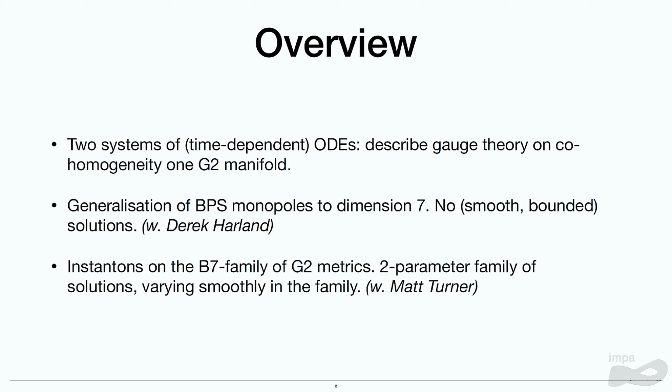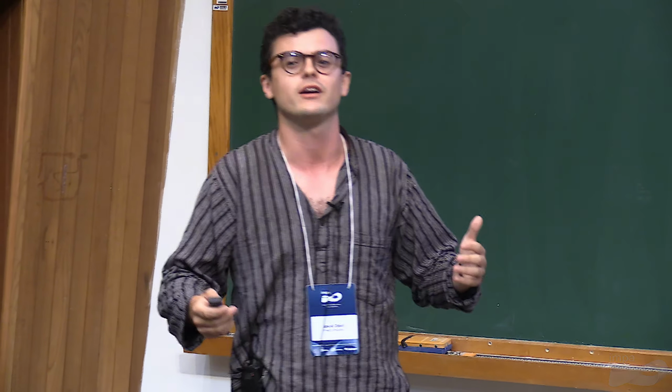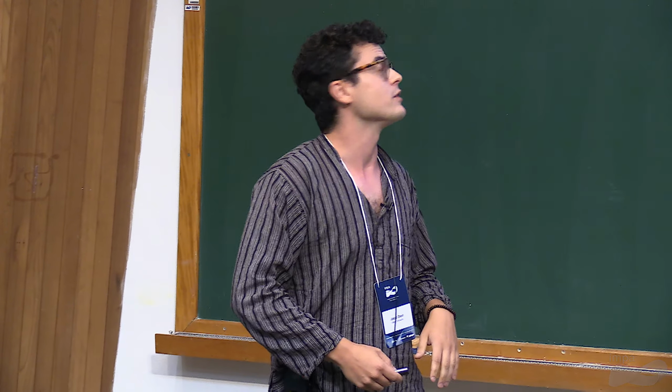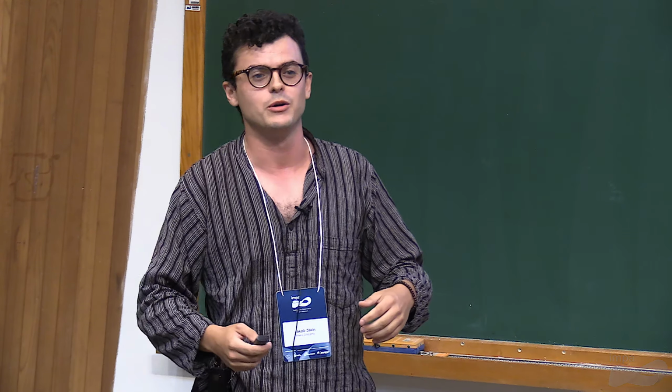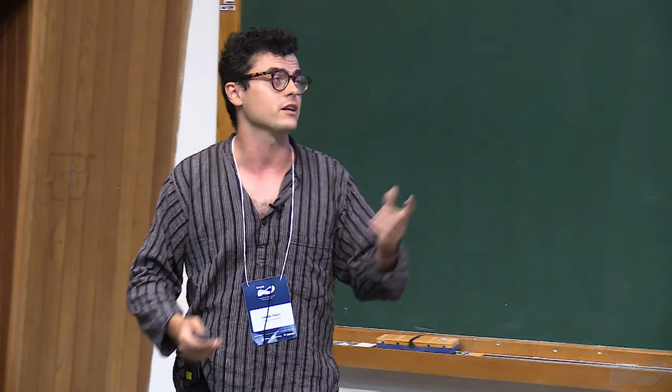Firstly, a generalization, or attempted generalization, of what we'll call BPS monopoles to dimension 7. And a spoiler: if you want smooth and bounded solutions, it actually doesn't work. That's a bit sad, but it has some interesting ideas there, and you get some explicit singular solutions.